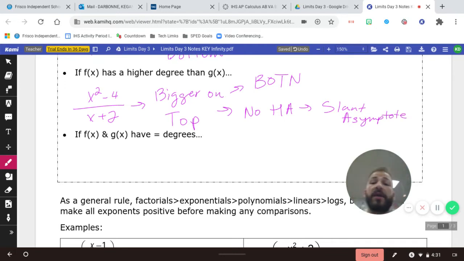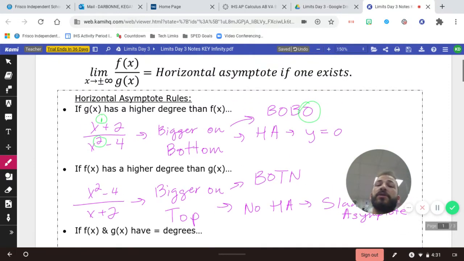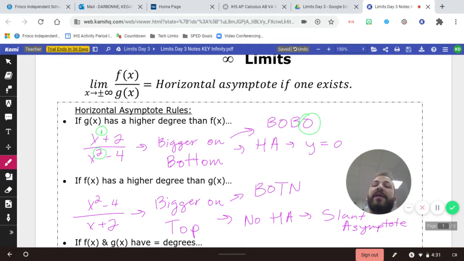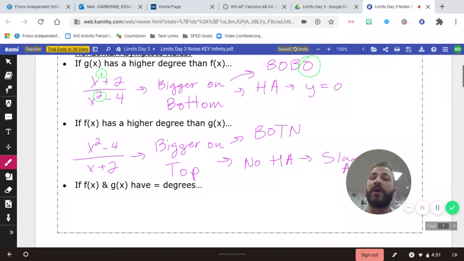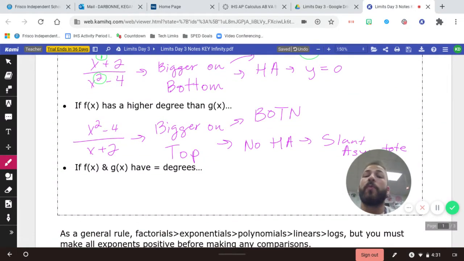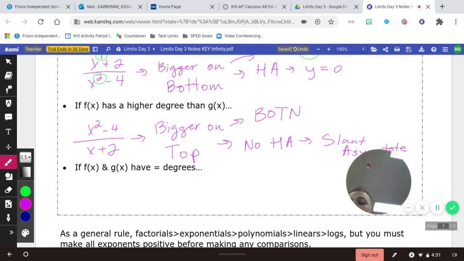The general rule is that the limit as x approaches positive or negative infinity equals the horizontal asymptote, but if we don't have a horizontal asymptote, it can't equal it. So bigger on top ones are going to be a little bit weird.